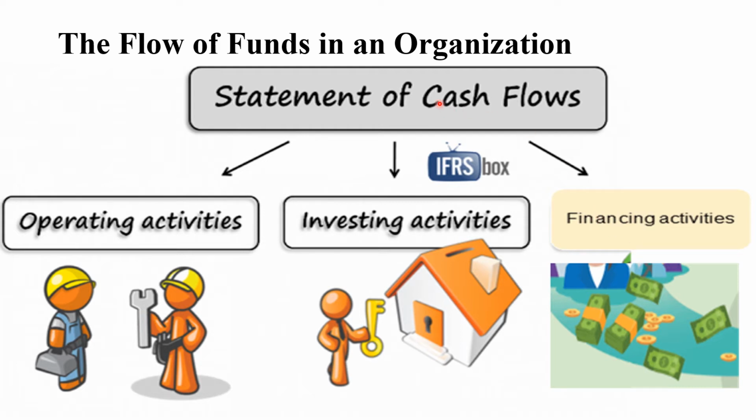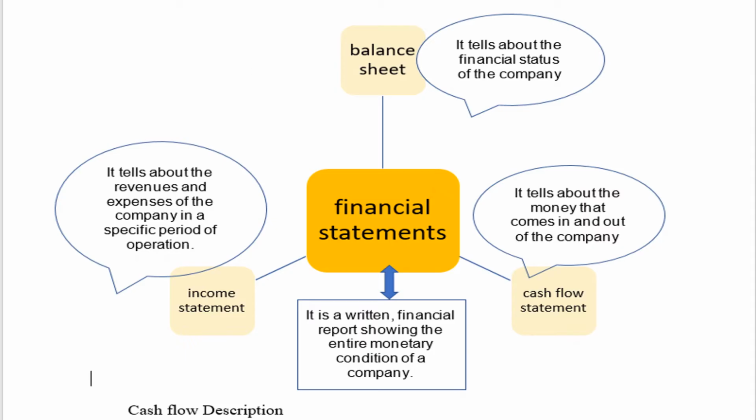Ang iban lang nga kwarta ibayad nila sa ila utang, that is financing activities. So, as a summary class, the flow of funds in an organization, the statement of cash flows will focus only on the three activities of the company: the operating activities, the investing activities, and the financing activities.